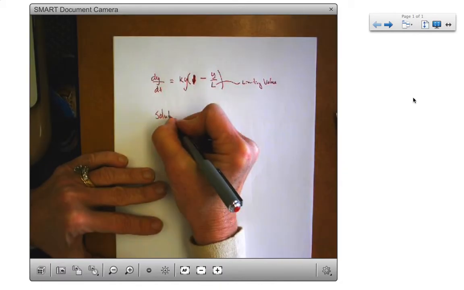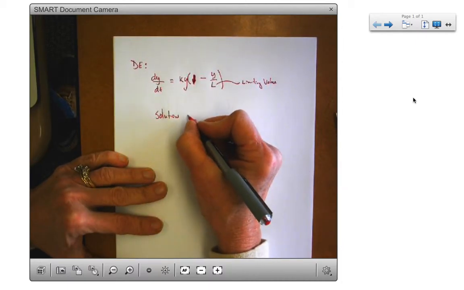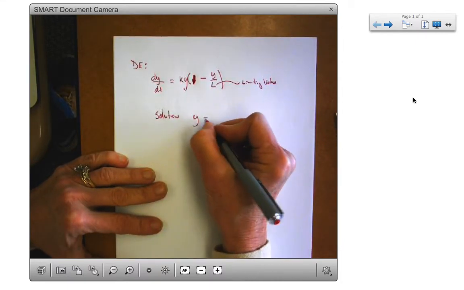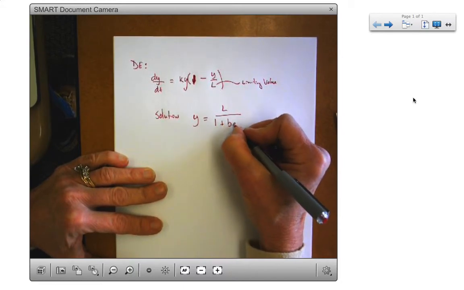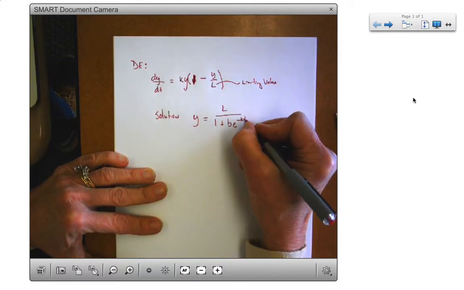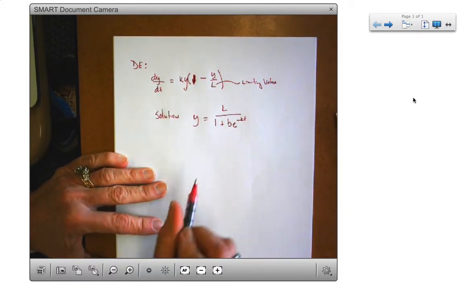The solution, this is your differential equation. Your solution is written as y equals L over 1 plus b e to the negative kt. If you have a differential equation in that form, it will end up being this solution.